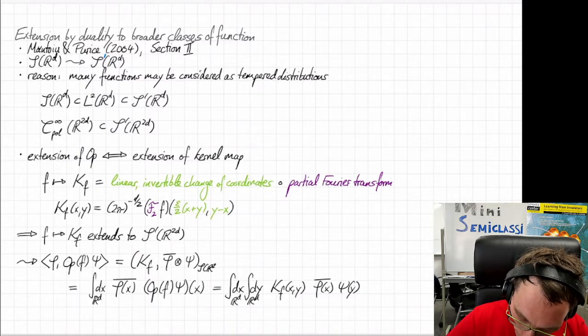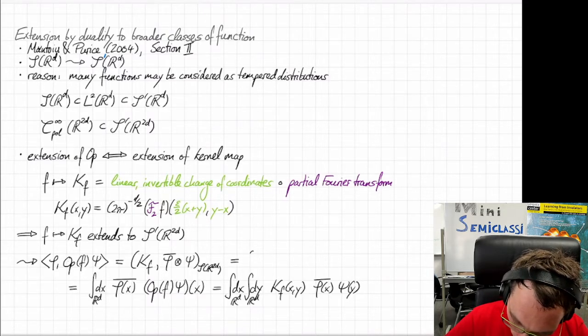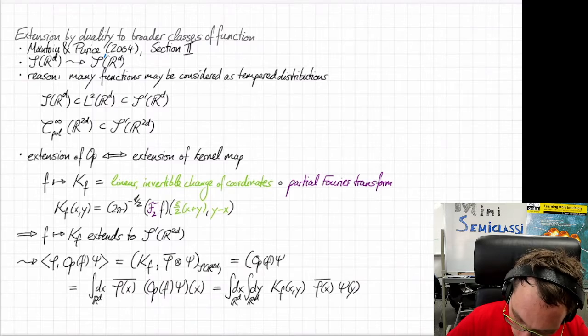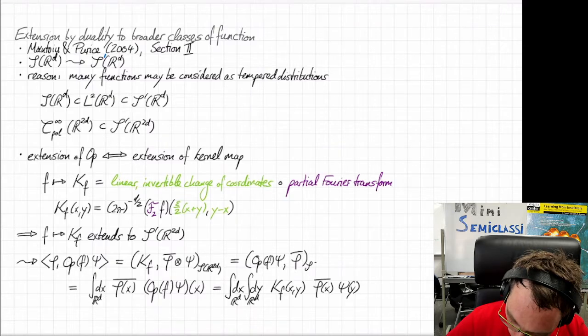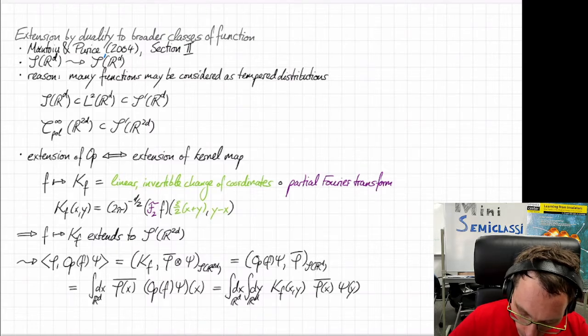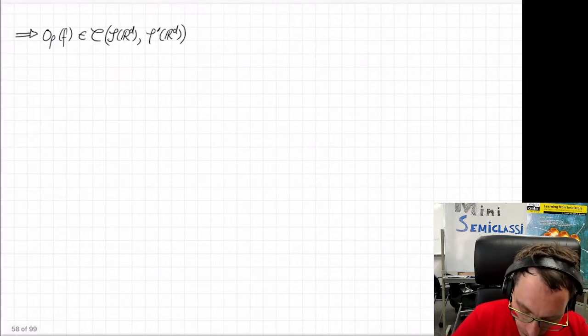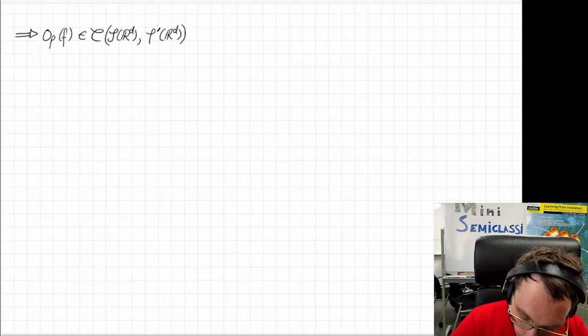So this is the duality bracket on R^2d, but you could also view it as the duality bracket of op f applied to psi and phi complex conjugate. So it is in this sense that you can also define Weyl quantization for all tempered distributions.